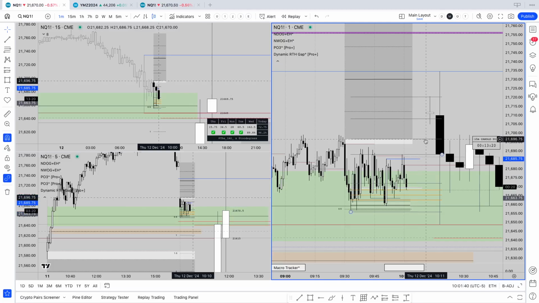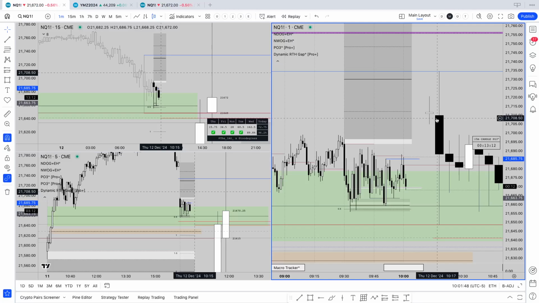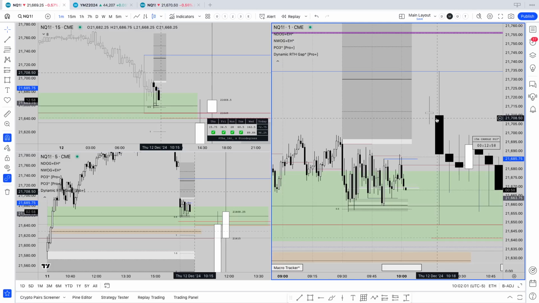But let's see what price does. Yeah, actually two of the streams have been something like this. It's crazy, but it's fine, because having the ability to anticipate these kinds of profiles is better than trading fast markets.